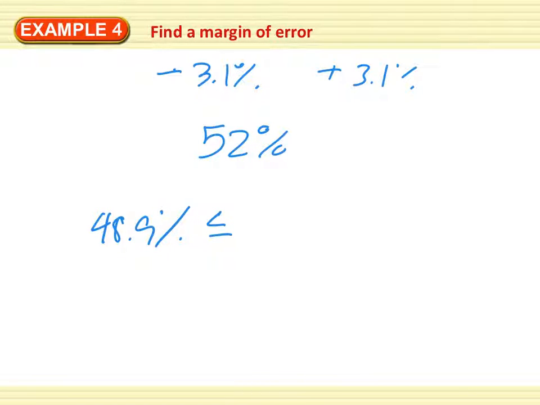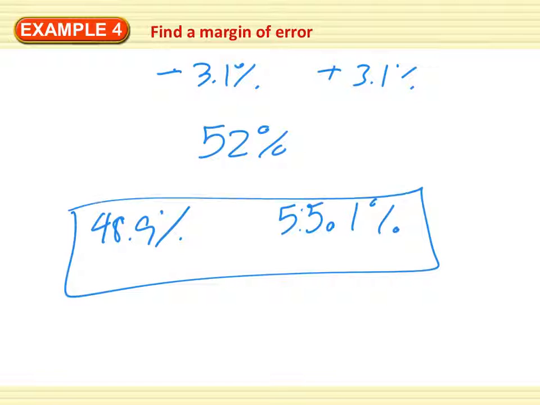And if we add, we get 55.1%. So it's likely that the exact percent of all people who use television as their main source is between 48.9 and 55.1%.